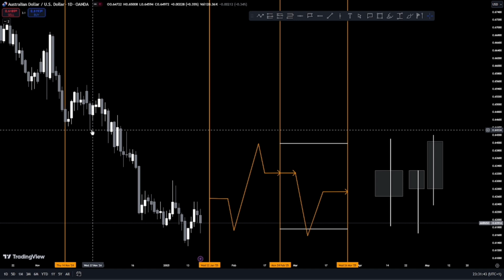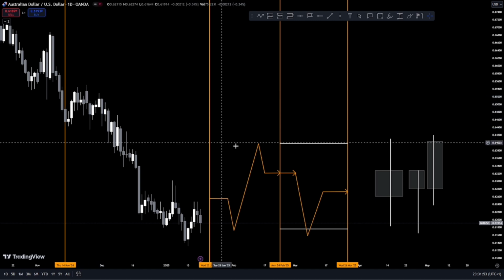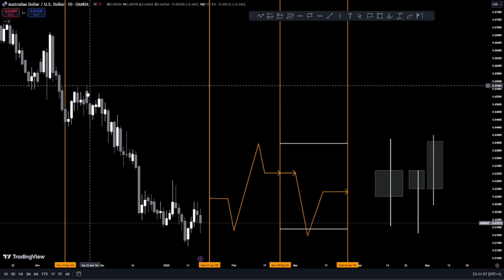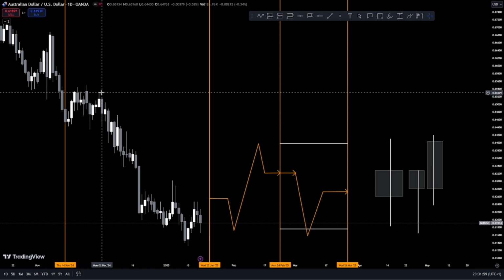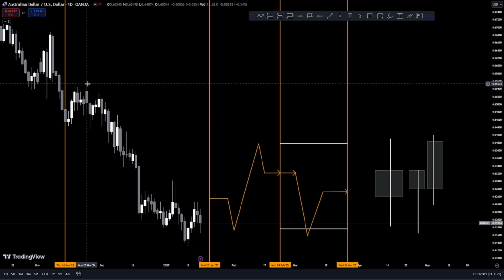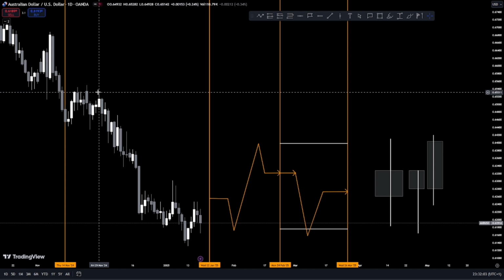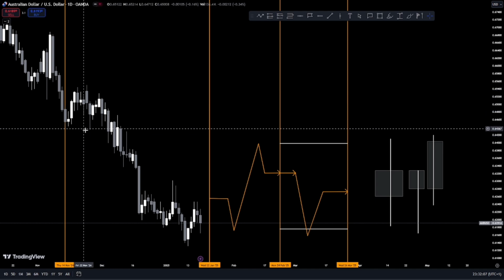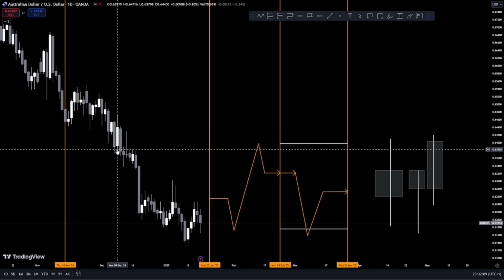But when it comes to the fundamental understanding of why price creates this high, this low, then a high that is lower than the previous high, and another low that is lower than the previous low.